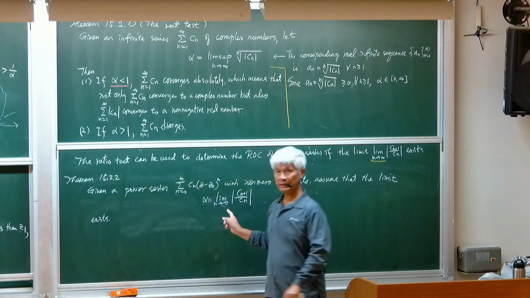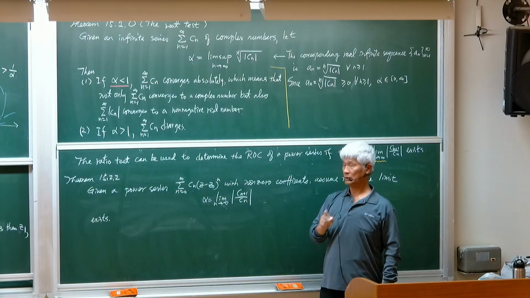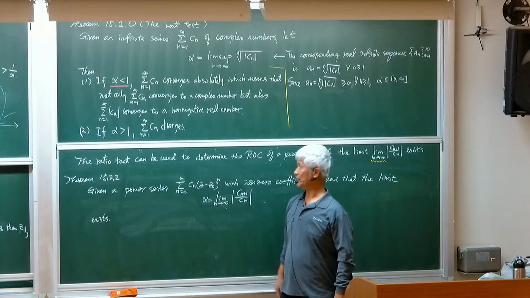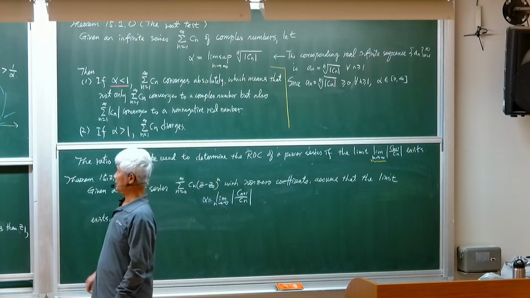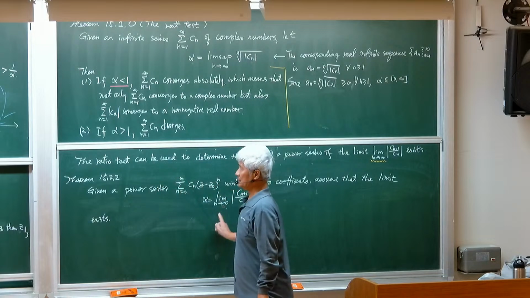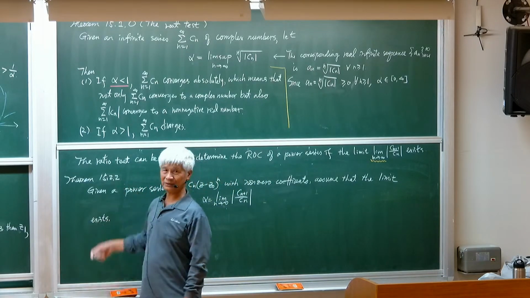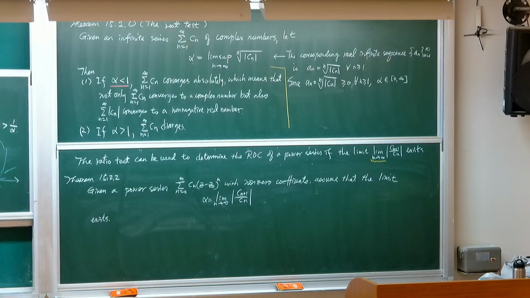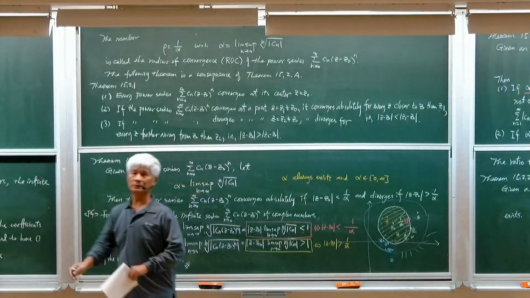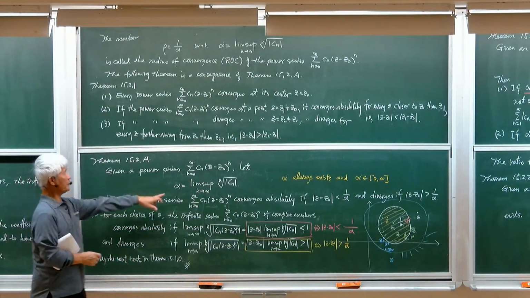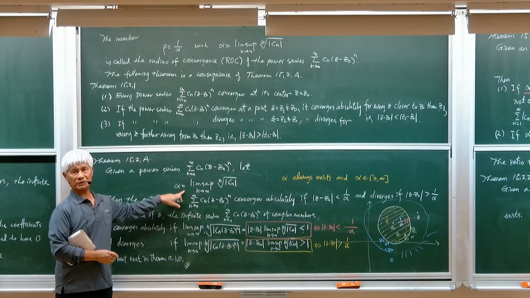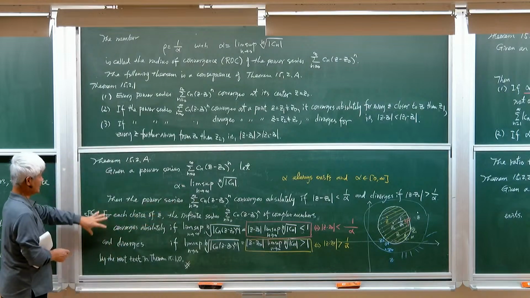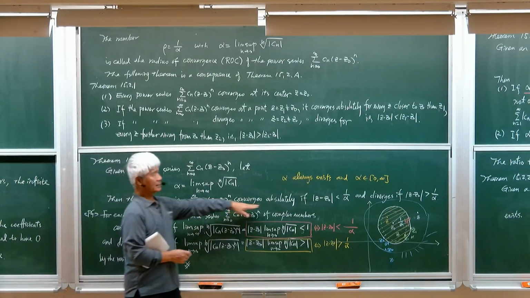The limit, not the upper limit, you should know. The limit, this is much stronger. So if the limit does not exist, then you can't use this theorem. But theorem 15.2.8 is very general. Why? Because the upper limit always exists, as we demonstrated before. So alpha always exists, and so we can do the test easily.